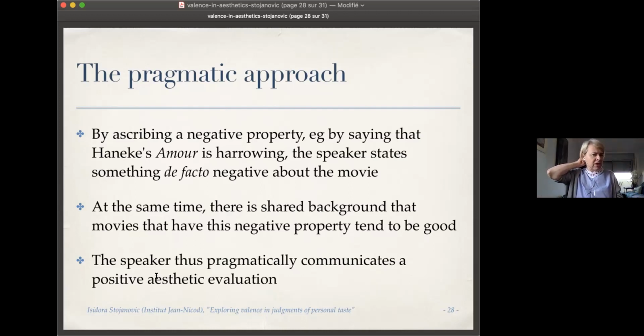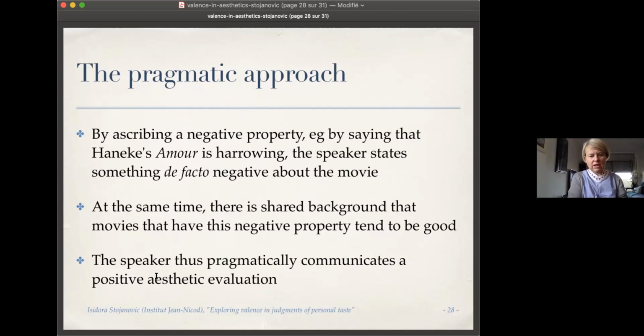So basically what the pragmatic approach is going to say is that by ascribing a negative property, for instance, by saying that Hanneke's Amour is harrowing, the speaker states something that is de facto negative about the movie. It is negative because the property itself is negative, but at the same time, there is shared background to the effect that movies that have this negative property tend to be good movies.